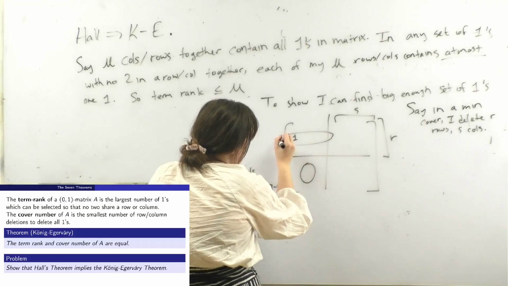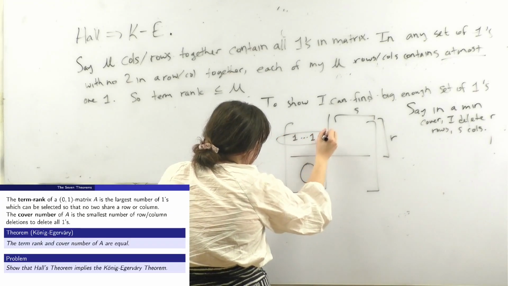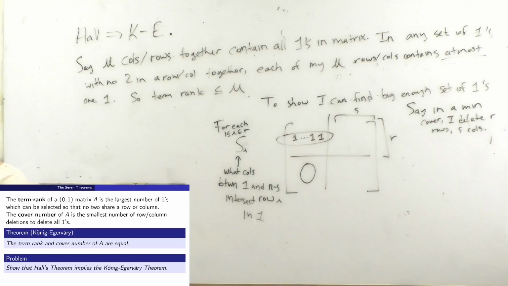So here's my row i. And I'm just going to say, where do the ones in this sort of upper left block appear?